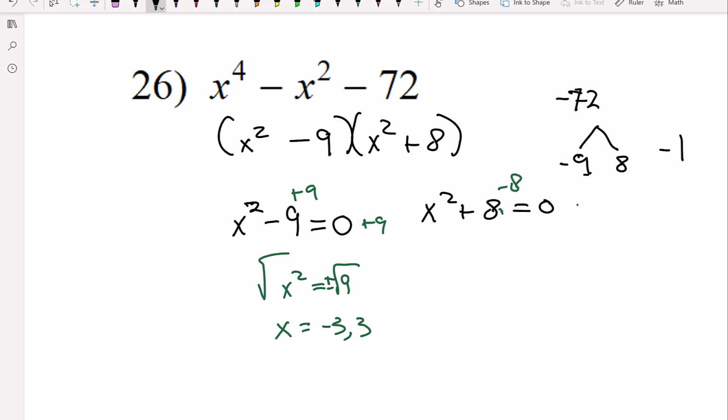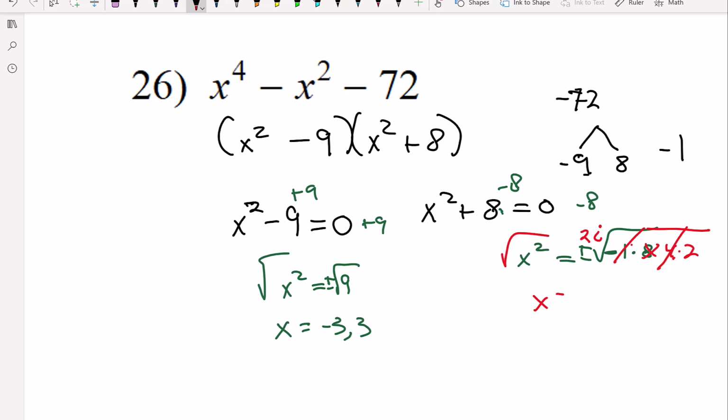This one's going to be trickier. We're going to subtract 8. So we've got x squared is equal to -1 times 8. When we take the square root, well, 8, I'm going to rewrite as 4 times 2, because 4 is a perfect square. So this -1 and i comes out. The square root of 4, a 2 comes out.